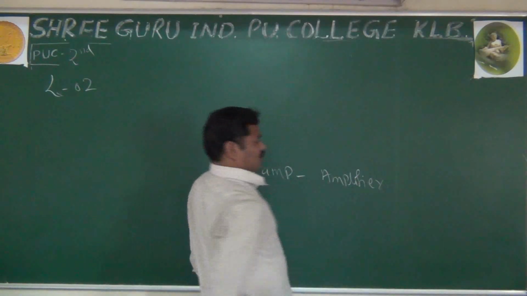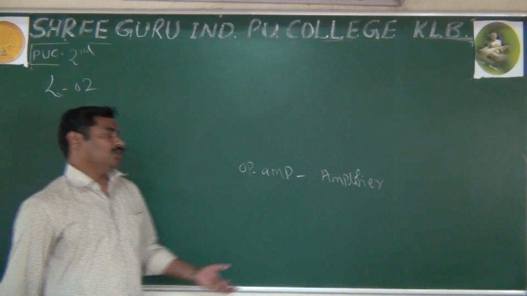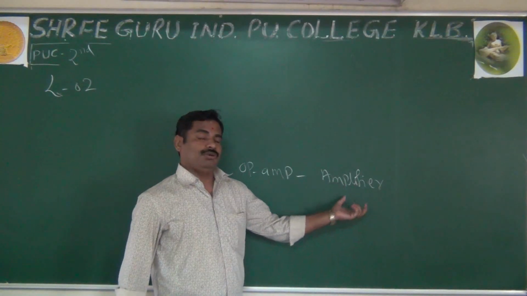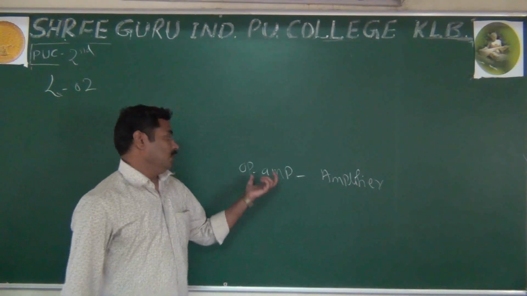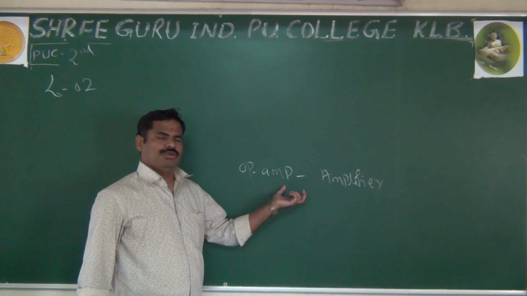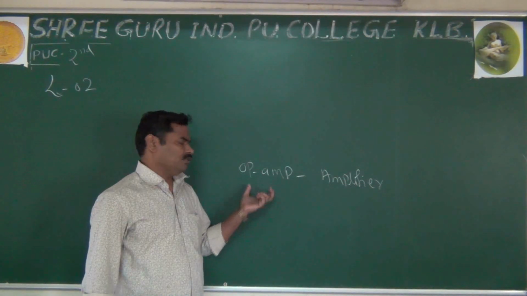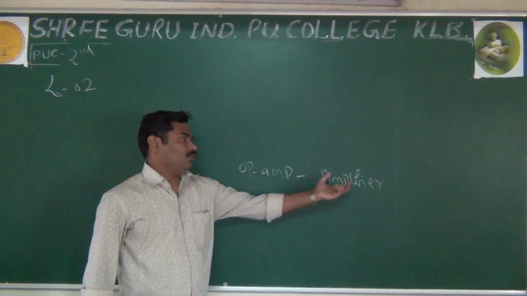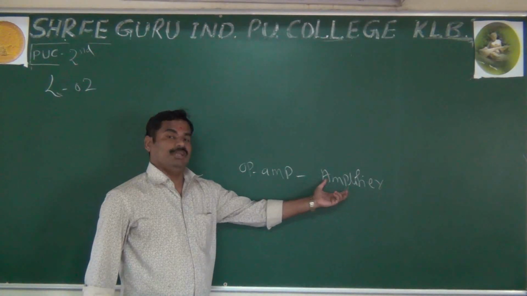As we know, in an amplifier you have only one input and one output. But in an op-amp you have two inputs. The output is one or two, but you have two inputs. In an op-amp there are two inputs, but in an amplifier there is only one input.